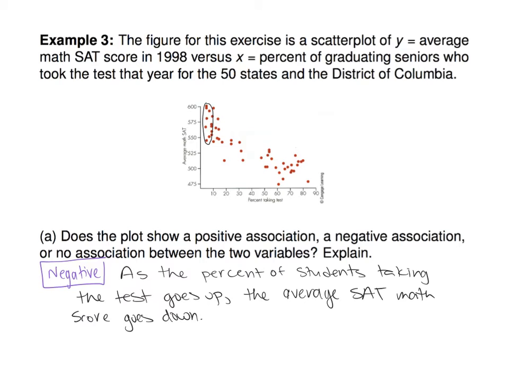So you might just have a small subgroup of really good students taking the test when the percentage is low. They might all be great students applying elsewhere, versus a state in which that test was used for lots of different people. You're going to see that the average goes down because a larger variety of people take the test in the first place.